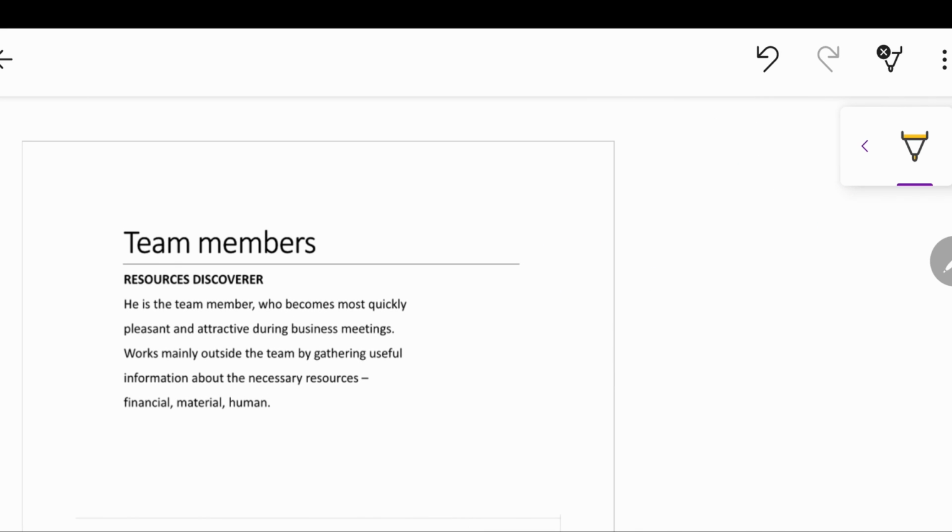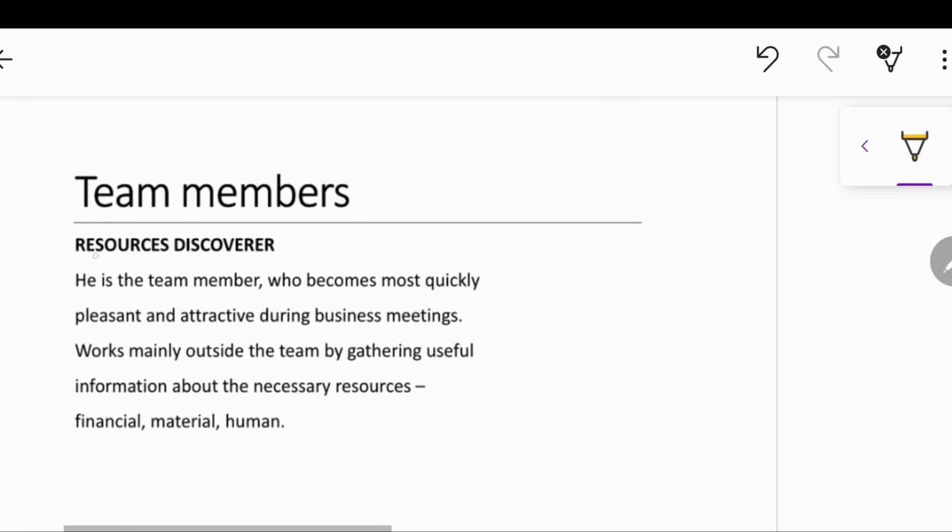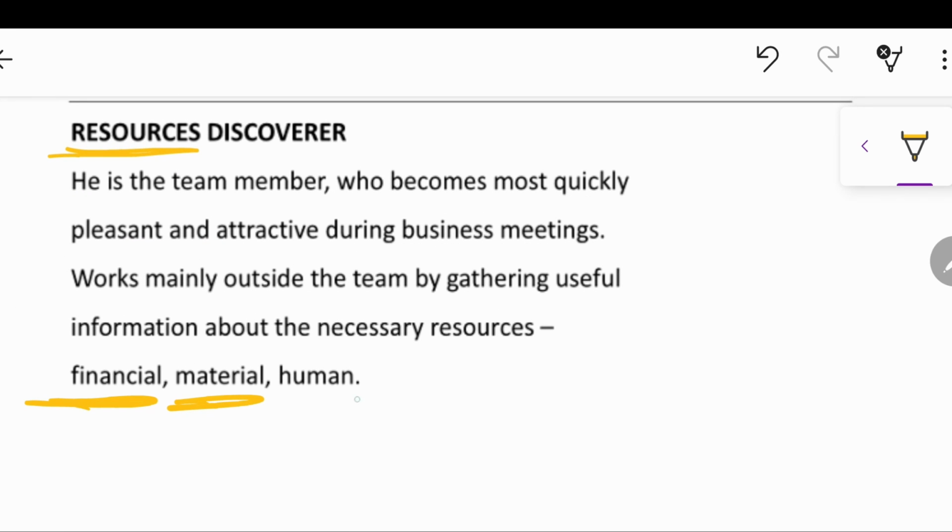Then you have the resource discoverer. The resource discoverer describes someone who, well, in the name, identifies new resources. All right? Financial, material, human. And also you had time as well, but it's not really palpable, is it?